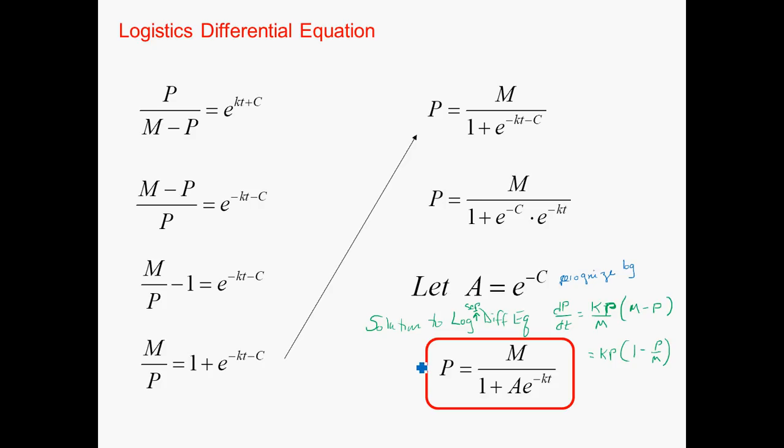You can skip all of that calculus as long as you've memorized what the solution looks like. If you recognize logistic growth, separable diff EQ, and you're asked for the solution, you can skip all of that calculus, partial fractions, and skip right to here. So let's try an example like that.